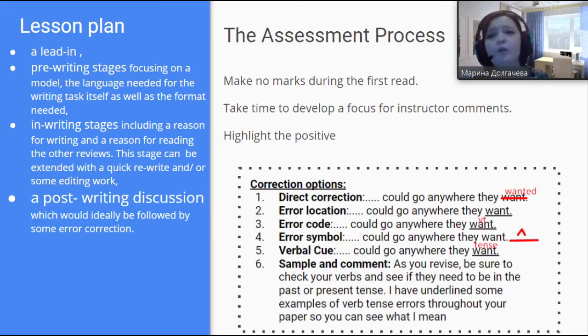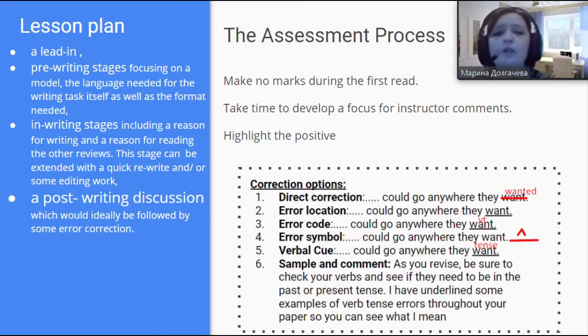Again, food for thought for the students. It's not just correcting and giving the correct answer. It's something where the student can really improve him or herself.